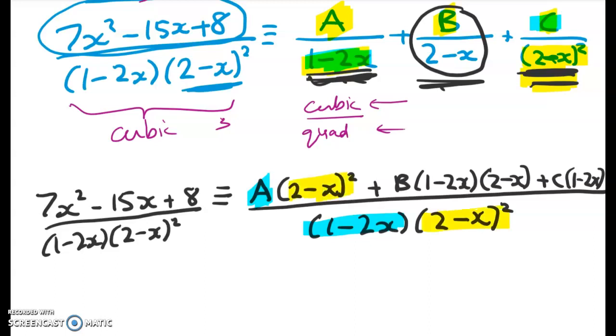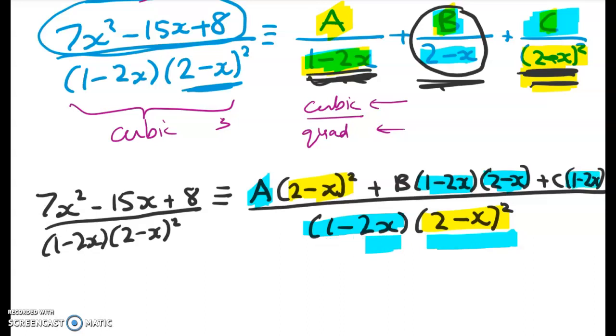When we look at b, b is divided by 2 minus x. So it needs to be multiplied through by another 2 minus x and the 1 minus 2x. Lastly, we've got c here, and that's already being multiplied by the (2 minus x) squared, so now it just needs that last linear factor there.